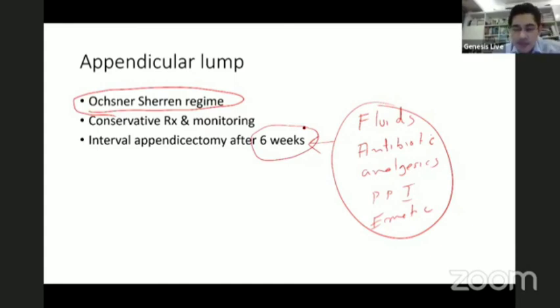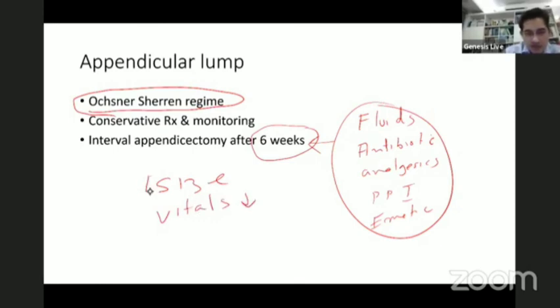So you mark the appendicular lump and you check whether the size of the lump is increasing, the vitals are deteriorating, pain is increasing, fever is increasing. If these things are happening, then go into surgery. If not, wait for 6 weeks and do an interval appendicectomy.